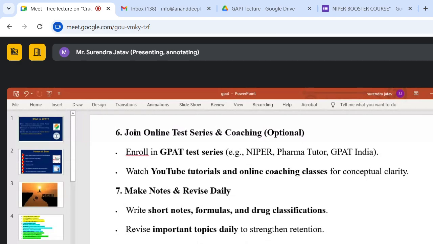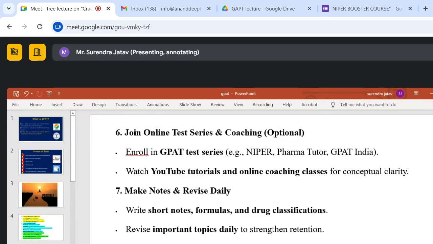Make notes and revise on a daily basis. That is also important. Make notes every day, short notes, it may be long notes, it may be any notes, because without writing you cannot keep things in your mind. Write short notes, formulas, drug classification, and revise important topics daily to strengthen your retention.